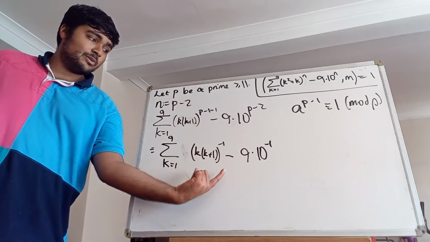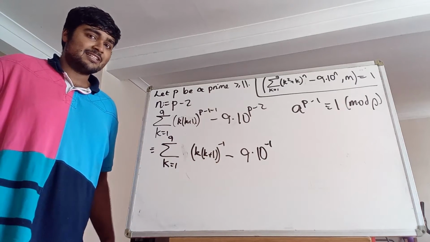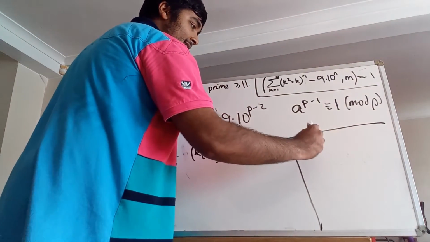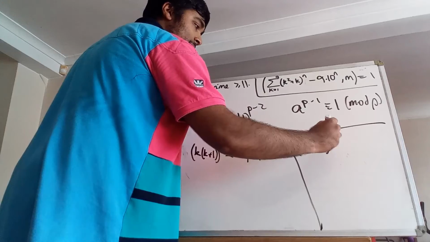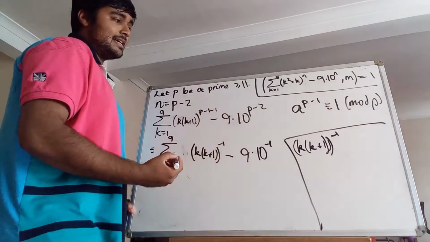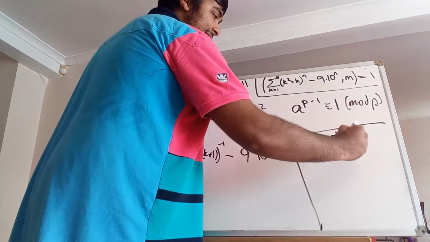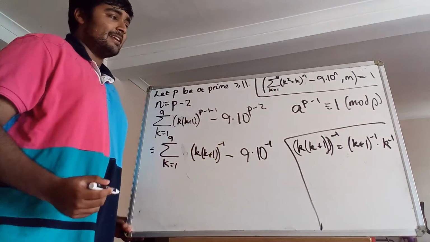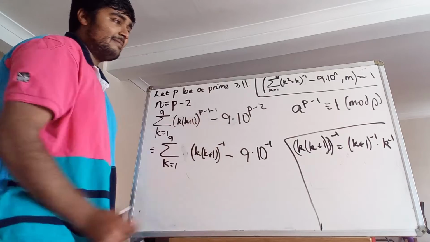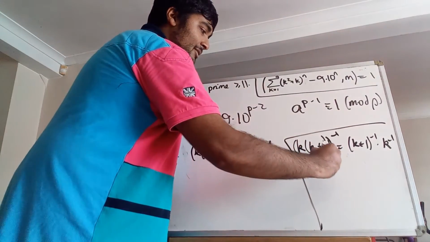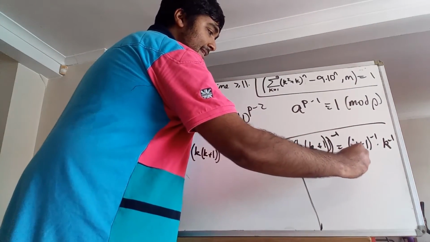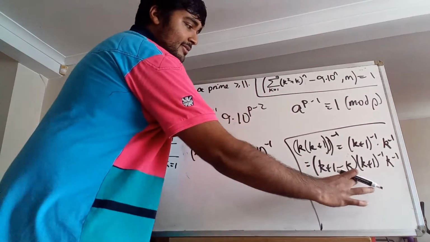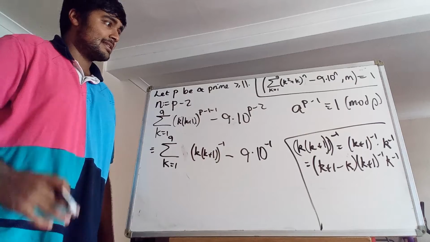inverse. Now what we're going to do is look at this guy here and see if we can do some nice algebra with it. So we have that k times k plus 1 inverse. What is that equal to? Well, that's equal to k plus 1 inverse times k inverse, just expanding. And this guy here, I'm going to write as k plus 1 minus k times k plus 1 inverse times k inverse, because of course k plus 1 minus k is just 1.